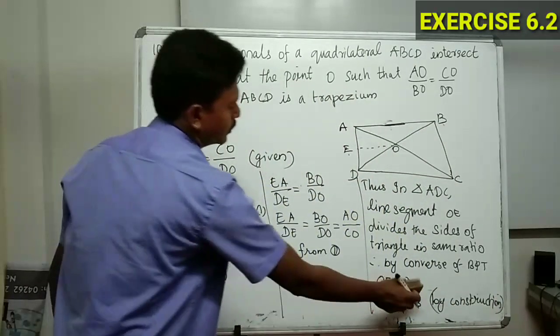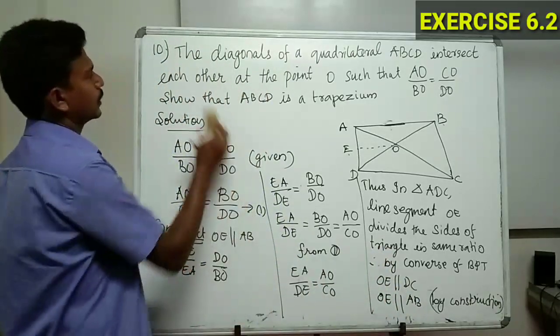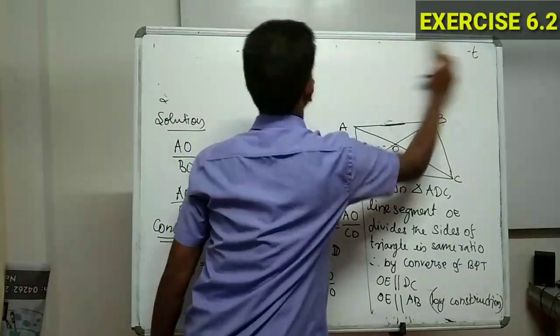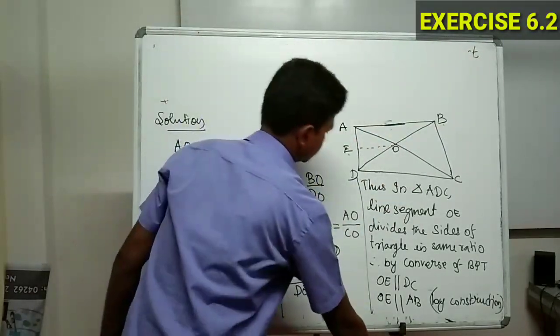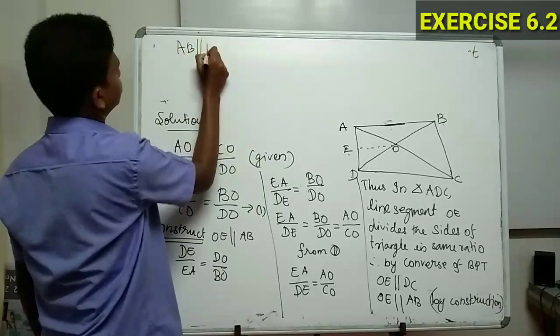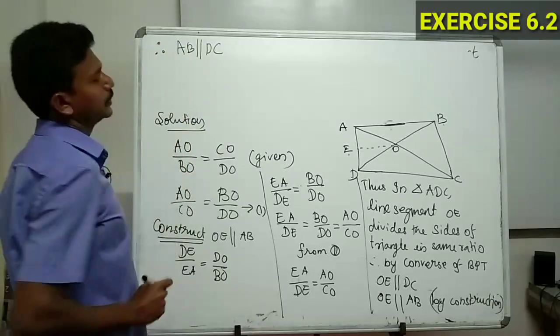So OE is parallel to DC and OE is parallel to AB, so we can write AB is parallel to DC.